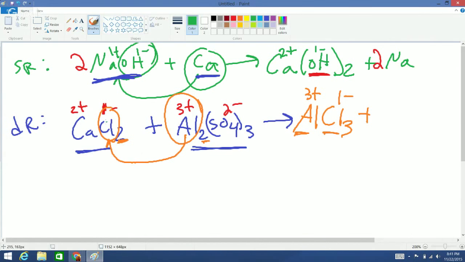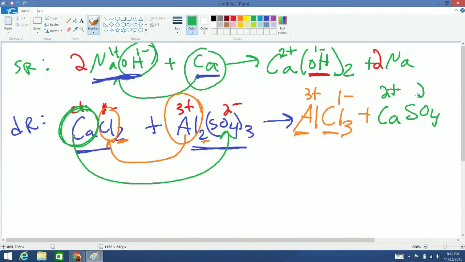And then the other thing happens: my calcium is going to hook up with my sulfate. Calcium, being a 2 plus, is going to hook up with my sulfate, SO4, which is a 2 minus. So I've got a plus 2 and a minus 2, and they are happy that way. Yes, I know there's 3 sulfates, but remember they're not hooked up together. They're all swimming around by themselves, so we only take as many as we need.